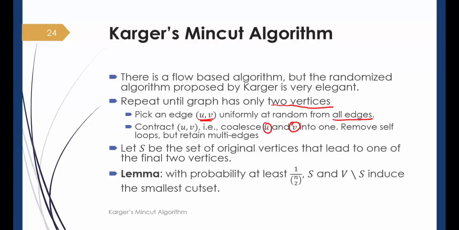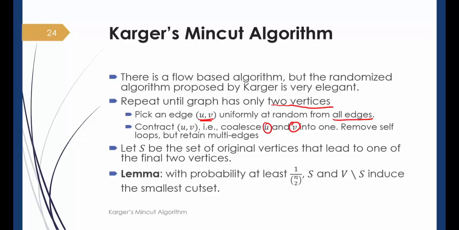And so any edge between u and v now becomes a self loop. So, we simply remove those self loops, but then there could be multi edges, and we will see how such multi edges could form from an example that we will look at shortly. We will be retaining the multi edges though. The self loops we will discard, but the multi edges we retain. And as we coalesce, we keep track of the super nodes and the original nodes that they actually comprise.